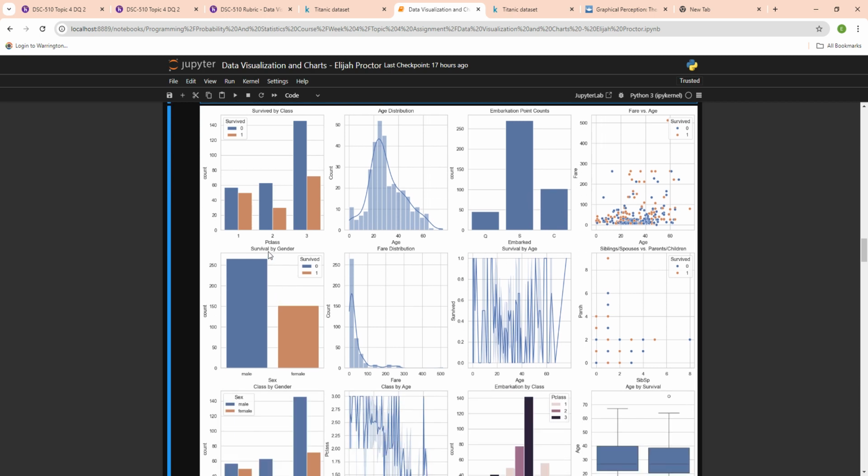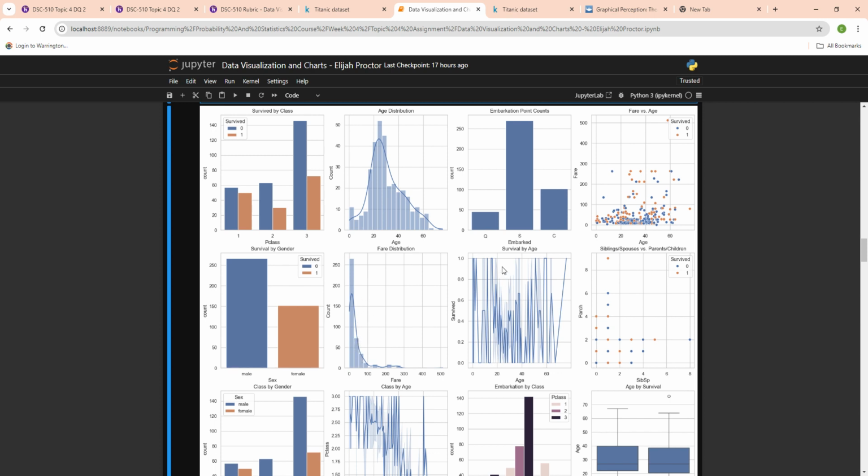Then we have our survival by gender bar chart, which shows that those who were male were more likely to die than those who were female, as many males died in comparison to the females that did survive. Then we have our fare distribution histogram, which shows that most people paid for cheaper tickets on this boat.